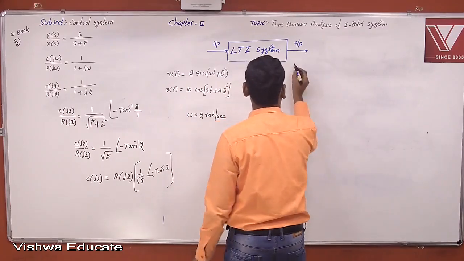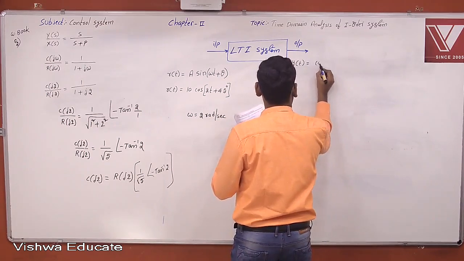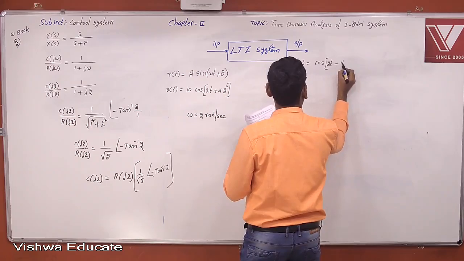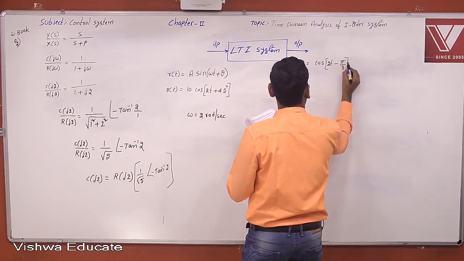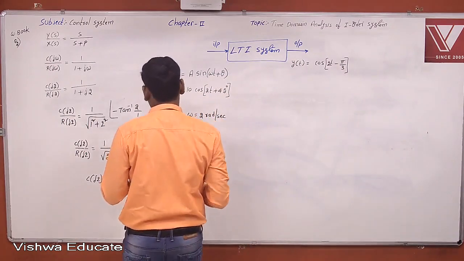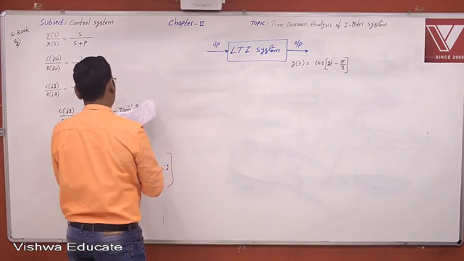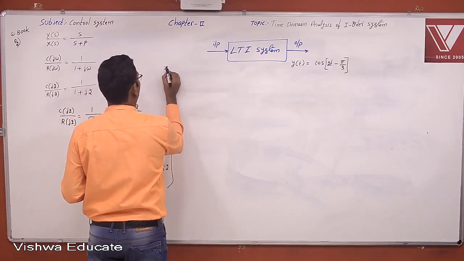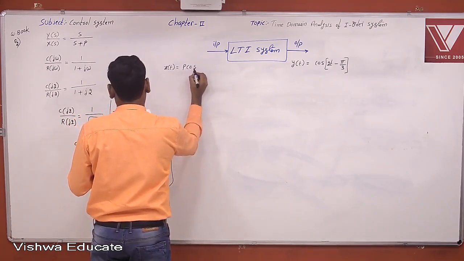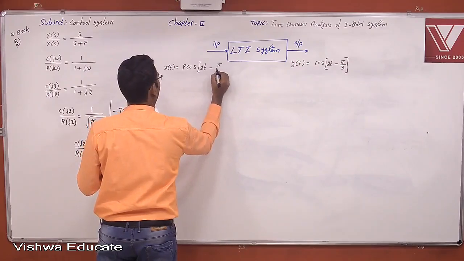The output given to you is y of t equal to cos of 2t minus pi by 3, and the input is also given, x of t equal to cos of 2t minus pi by 2.